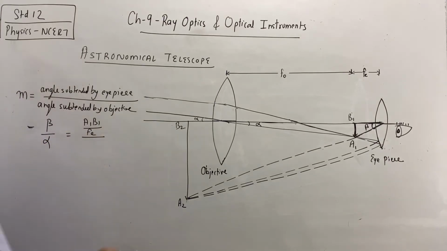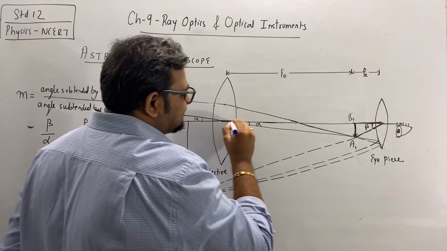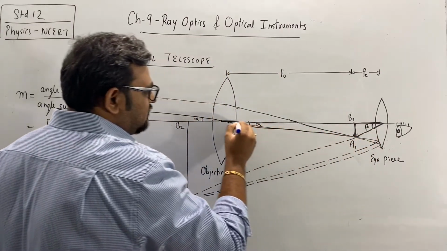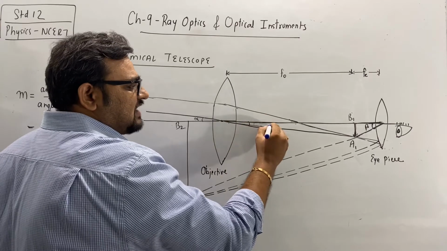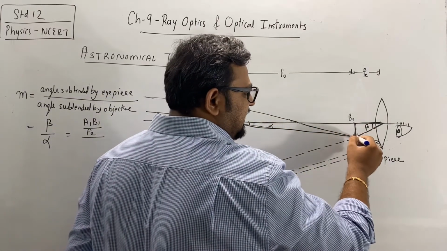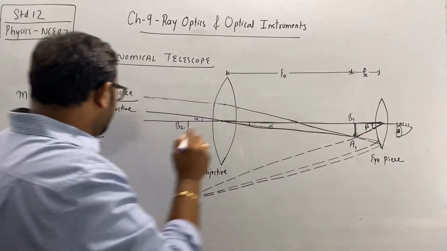Clear? Now, when I take this triangle, this angle is alpha. So again, tan alpha is equal to A1 B1 upon FO.